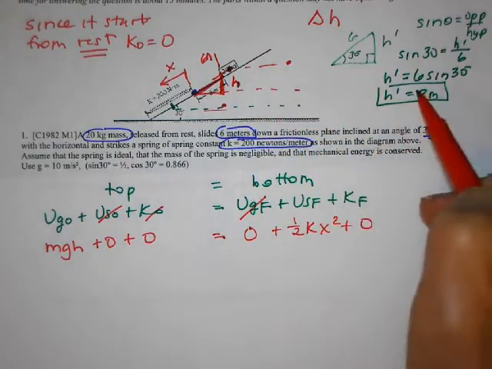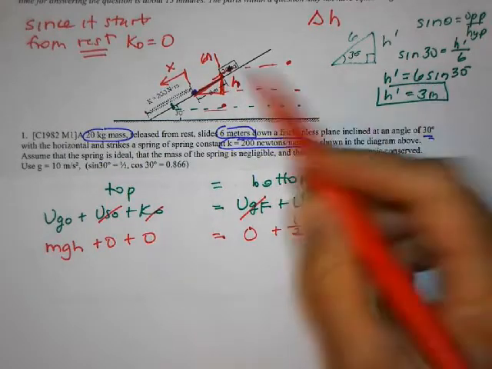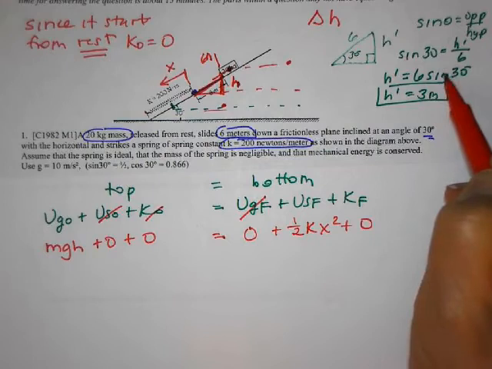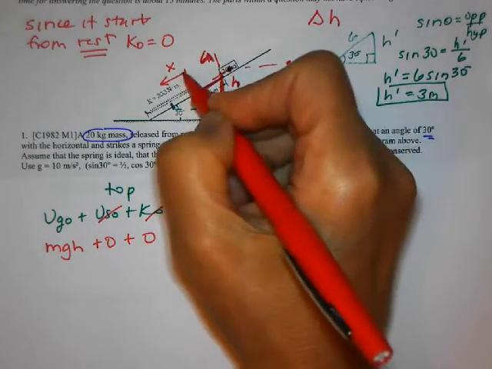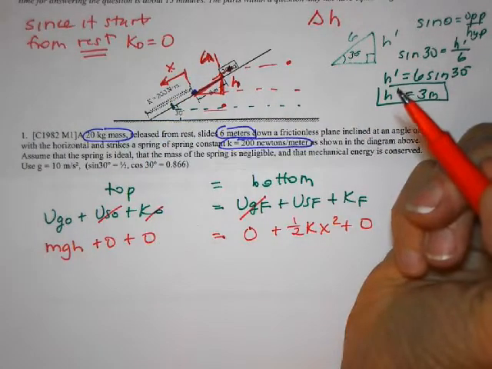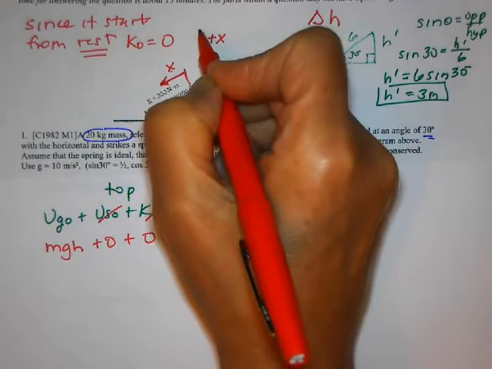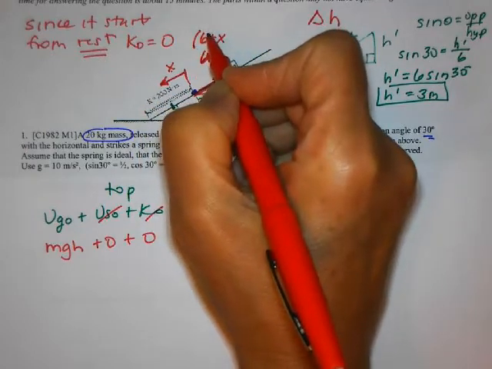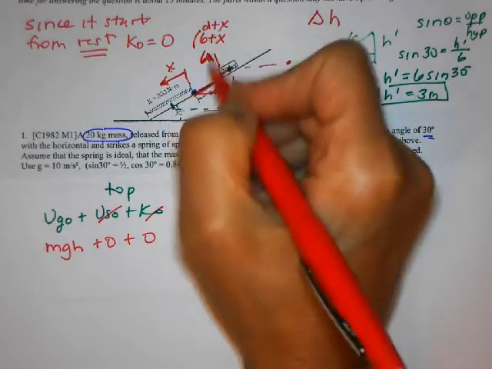So remember, this h we did before was the hypotenuse times the sine of 30. So if this hypotenuse was 6, and now it's going to be compressed some distance x, it's going to be 6 plus x. Oh, I'm sorry. Well, I could say d plus x. So d plus x, because that's what that distance is.